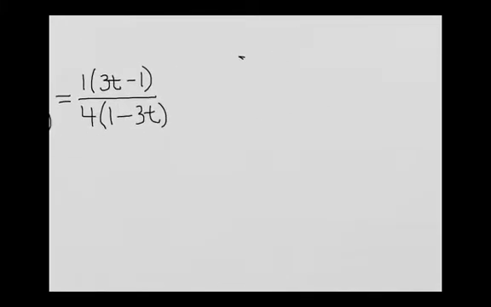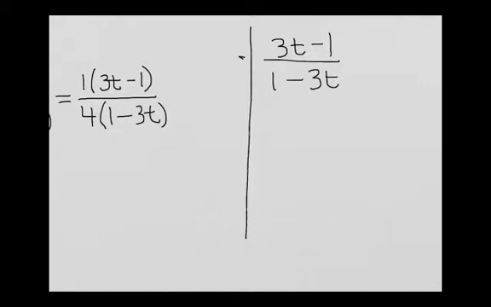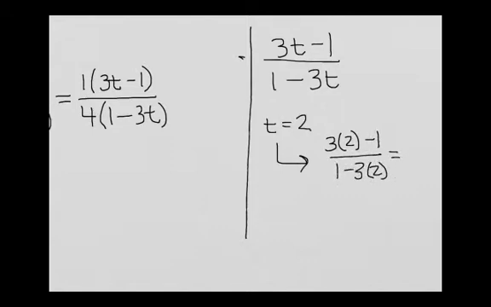So what we're going to do is come over here and think about that expression, 3t minus 1 over 1 minus 3t. Well, what if t is equal to 2? Then we get 3 times 2 minus 1 divided by 1 minus 3 times 2, or 6 minus 1 is 5 over 1 minus 6 is negative 5, and that would be equal to negative 1.